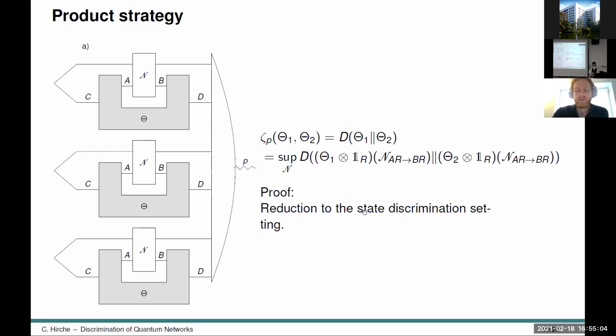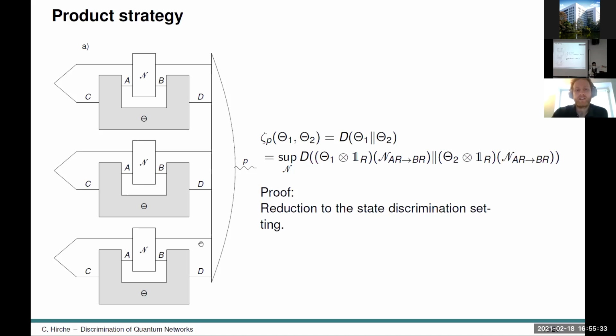And for this product strategy, you choose an independent input to each of the superchannels or networks. And now you optimize over quantum channels that sit in this network. So these are kind of my access points, and I have someone at the access point who is helping me discriminate the channel by putting the most useful map he could possibly put.